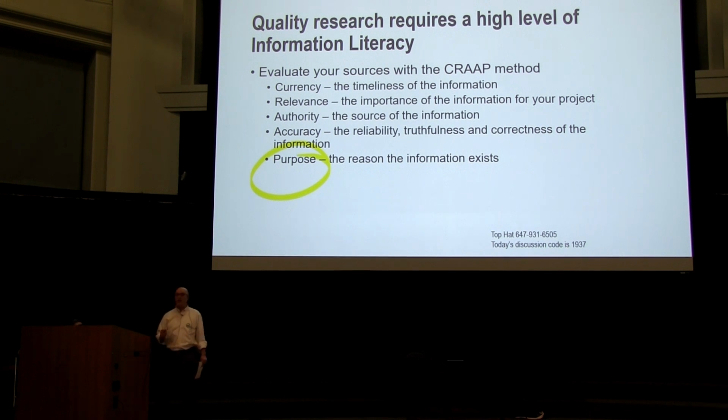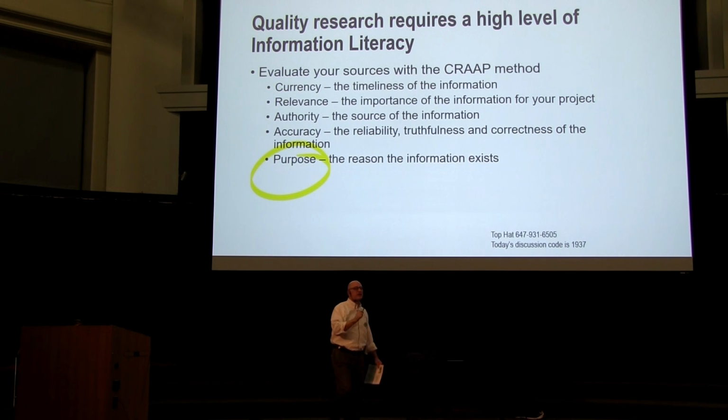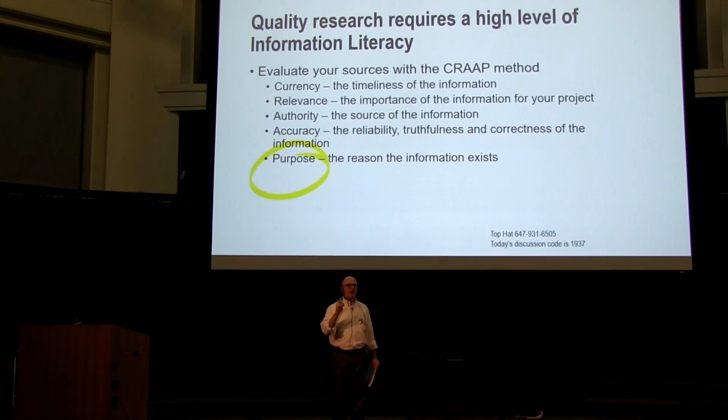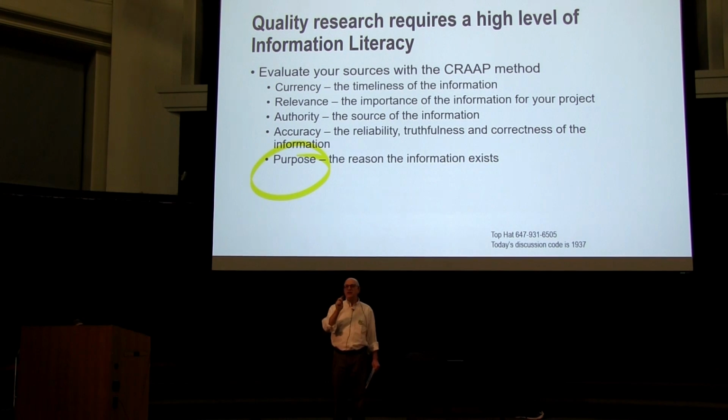Oh, now it's yellow. Okay, purpose. Why is the source giving the information? Question 1. Why are you using it? Question 2. It is when you clarify the change between the purpose of the source and your purpose that you understand how to paraphrase.